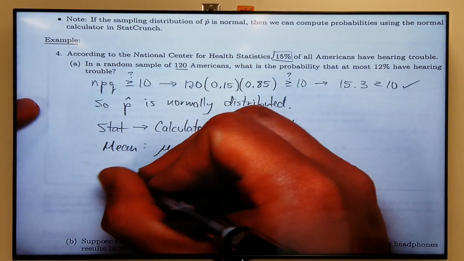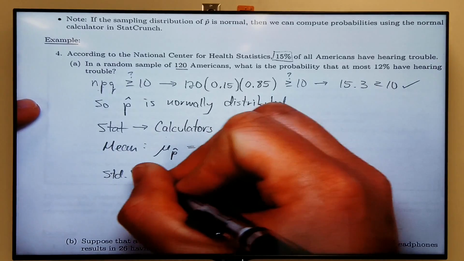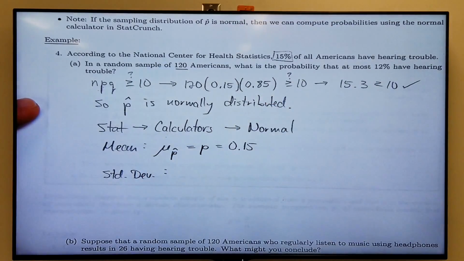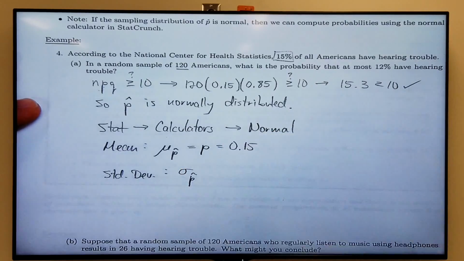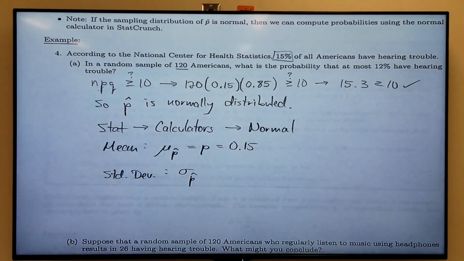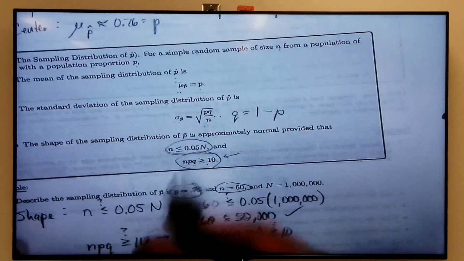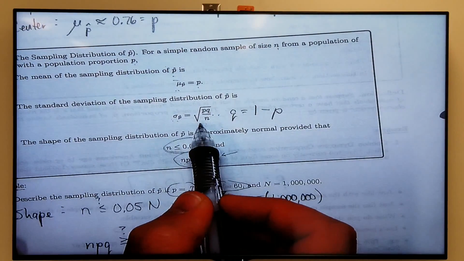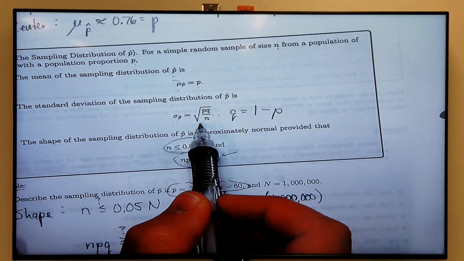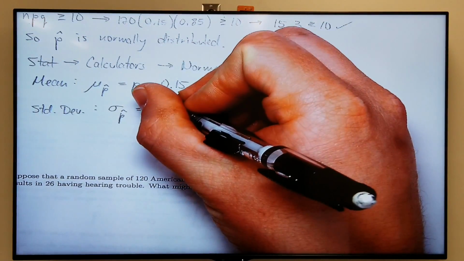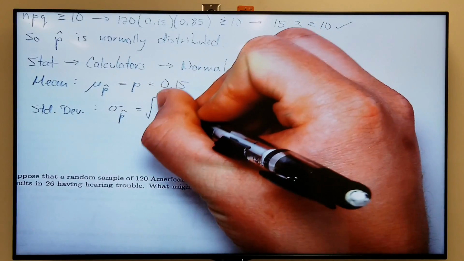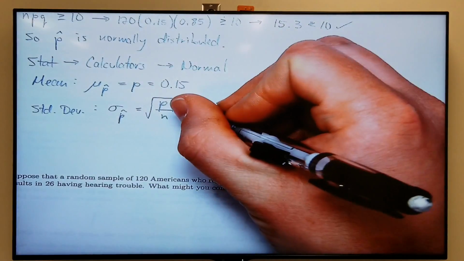We're also going to be prompted to enter something for the standard deviation. For the standard deviation, we should enter sigma sub p hat. We have a formula for that, right? Sigma sub p hat is the same thing as the square root of p times q over n. So for sigma sub p hat, we're going to enter square root of p times q divided by n.